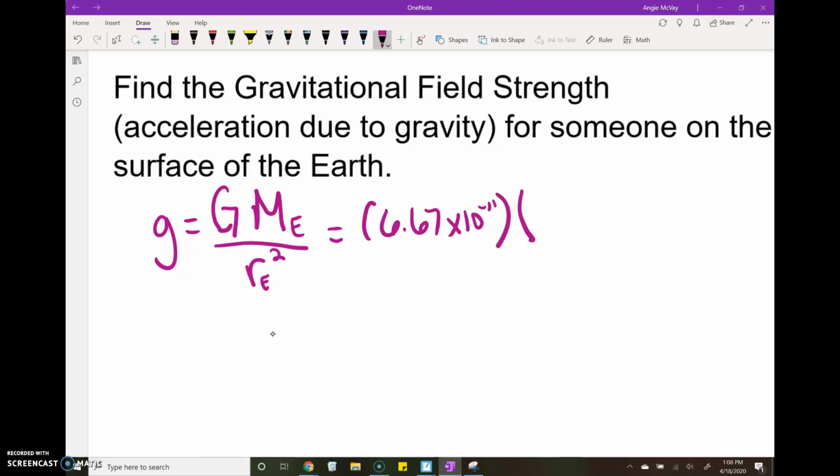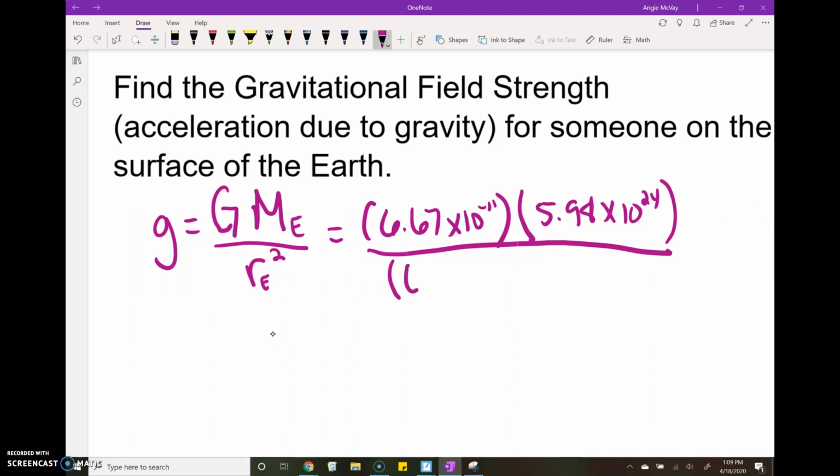The mass of the Earth is 5.98 times 10 to the 24, that's in kilograms. And then the radius of the Earth is 6.38 million, so 6.38 times 10 to the 6 meters.